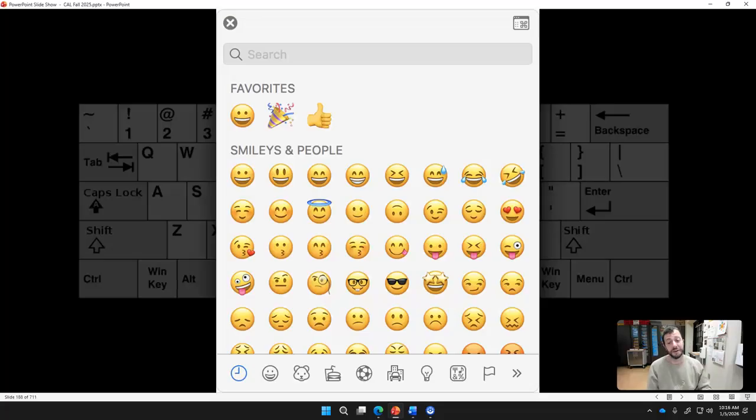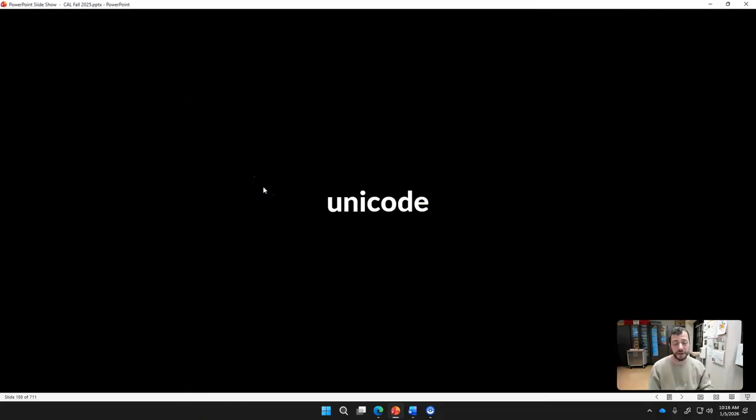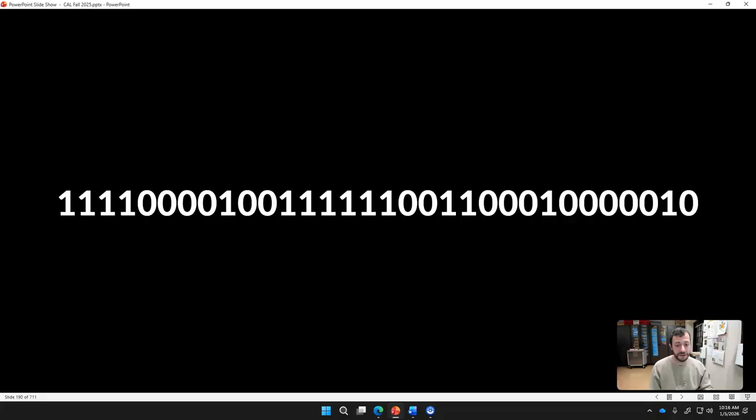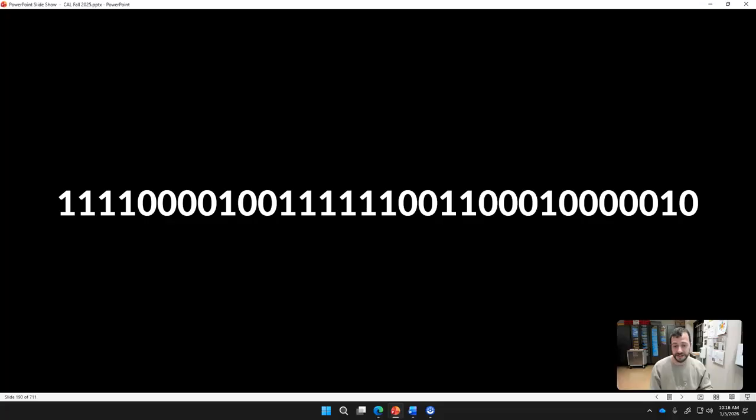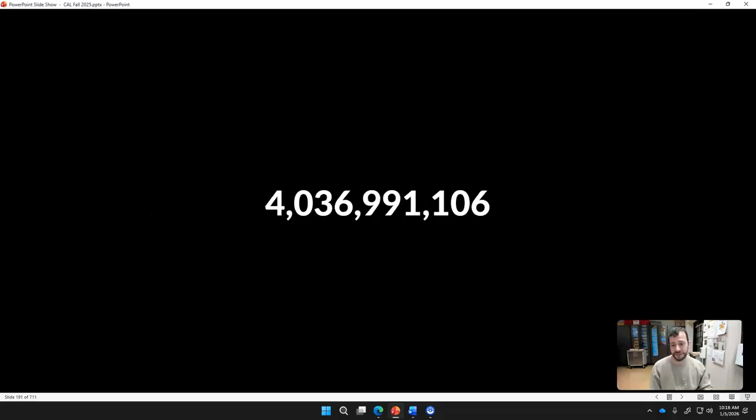And now we even have emojis, which is literally the Japanese word for picture image. And they are just that, picture images on a keyboard. Notice it's the emoji keyboard, where they have a pattern assigned to them using, instead of the dictionary called ASCII, the American Standard Code for Information Interchange, the dictionary called Unicode, where we can have far more binary digits, such as a number like this, which I believe is 32 binary digits, and that is 4,036,991,106.